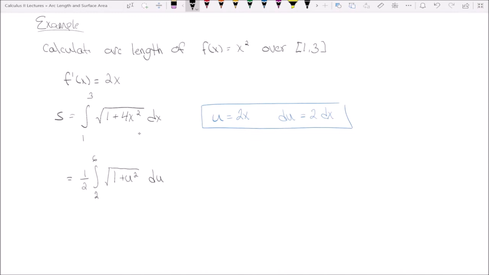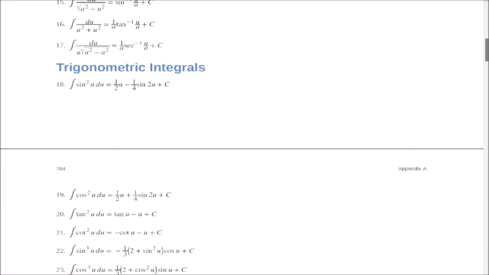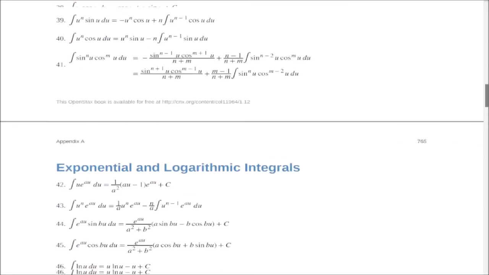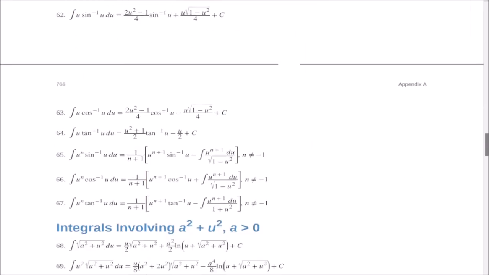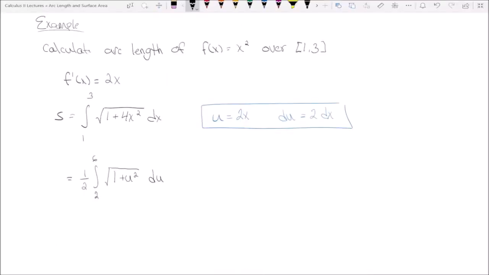Now the reason to make that substitution is so I can use an integral table. Specifically for this problem, the one we're looking for is number 68. And so of course that is the integral table that I'm using. So the formula will be 68 from that.